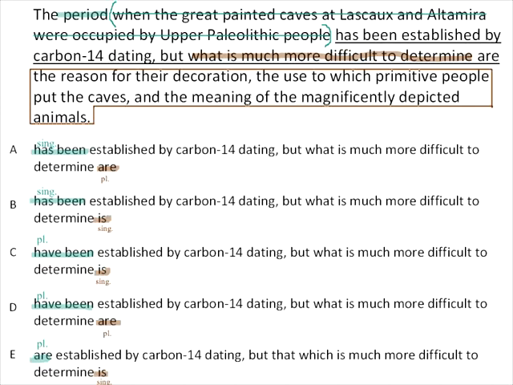Okay, this is a list. This list is indivisible. This list must be treated as one piece. So it's impossible for just the reason to be the subject of anything. So i.e., you can't treat the reason by itself as a subject.